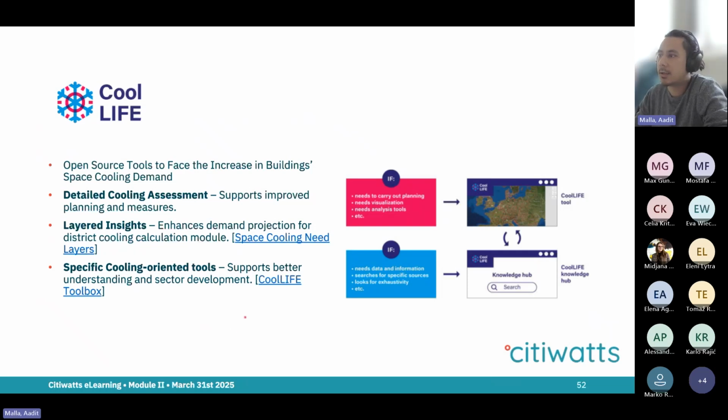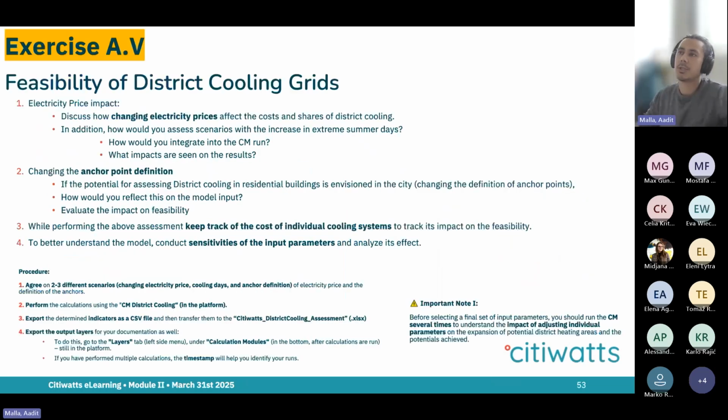Yes, having said that, I come to my final slide, which is again on the exercise. To get yourself more familiar with the district cooling calculation module, you could try it for Offenbach as well, but also for your specific region of interest. We'd like you to run the calculation module and observe the impact of electricity price changes, how changing the price makes district cooling more feasible or less feasible in your region.